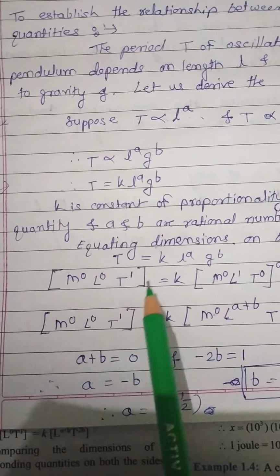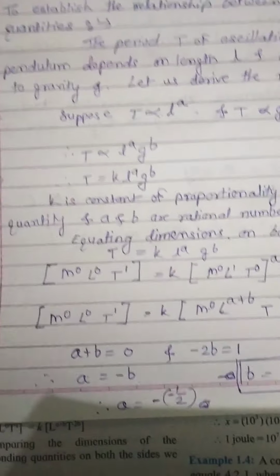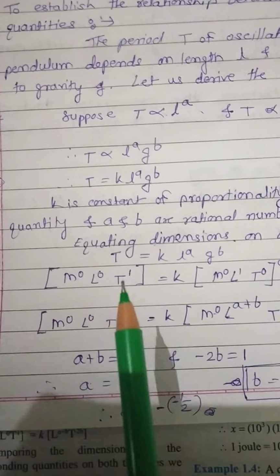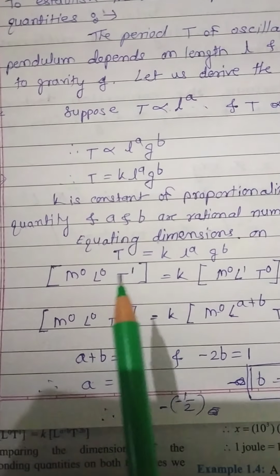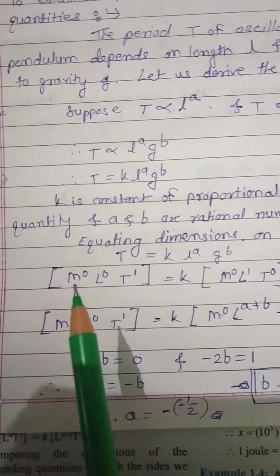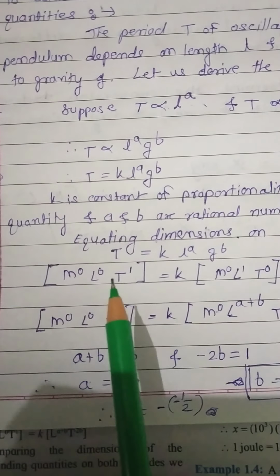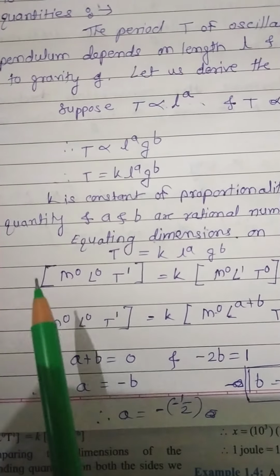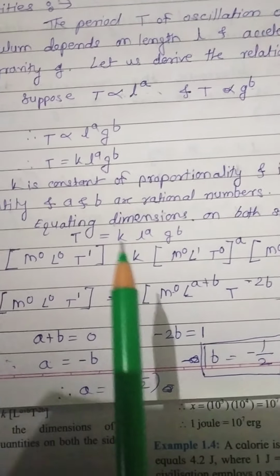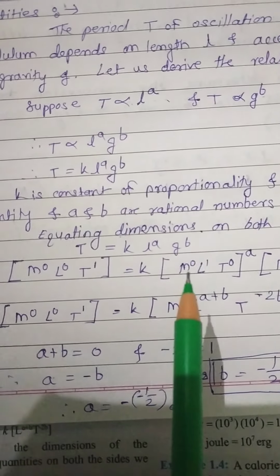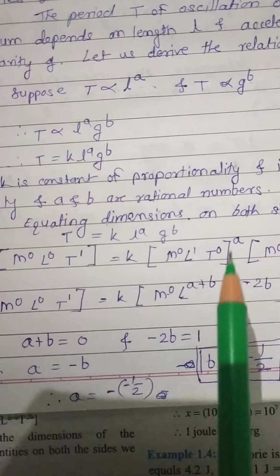We already found the dimensions, and the dimensional form is written as MLT; it can be written in the form MLT or LMT, both are correct. So in square brackets M^0 L^0 T^1 is equal to k times the dimension of length L, which is M^0 L^1 T^0, in square brackets to the power a.